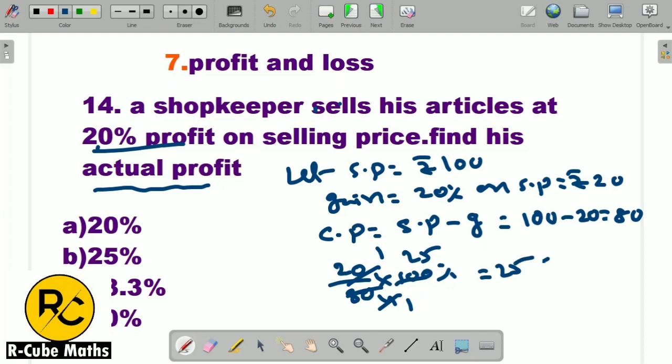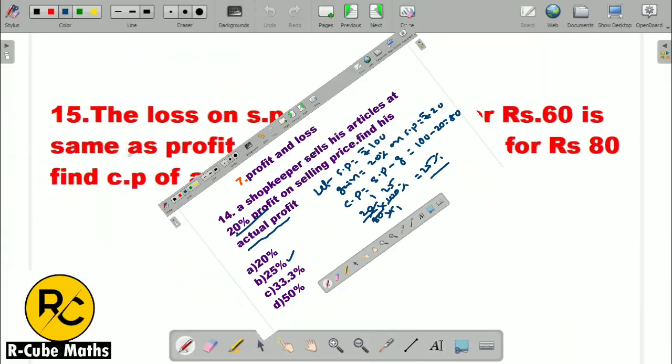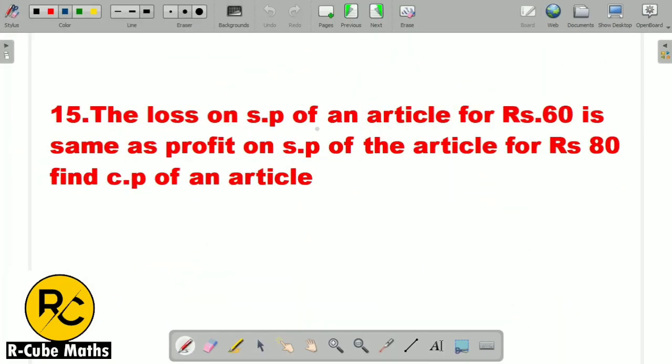So 25% is the required answer. So option B is the right answer. So if we take the selling price as 100 rupees, then a 20% gain on SP means 20 rupees. Then the cost price comes to 80 rupees. So if we calculate the actual profit on cost price, it is 25%. Right, next question.